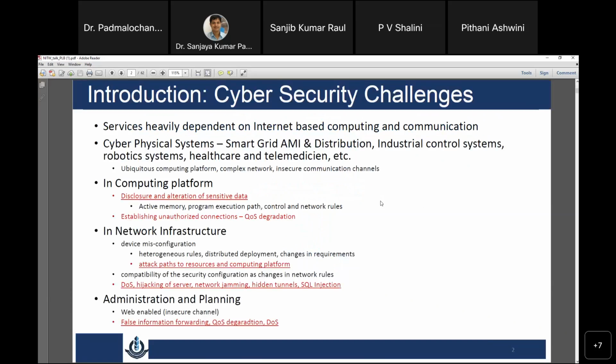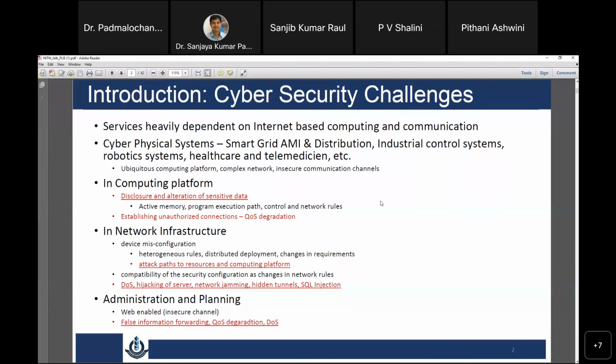If we see today's scenario, most of the services which we use daily are heavily dependent on internet-based computing and communication.